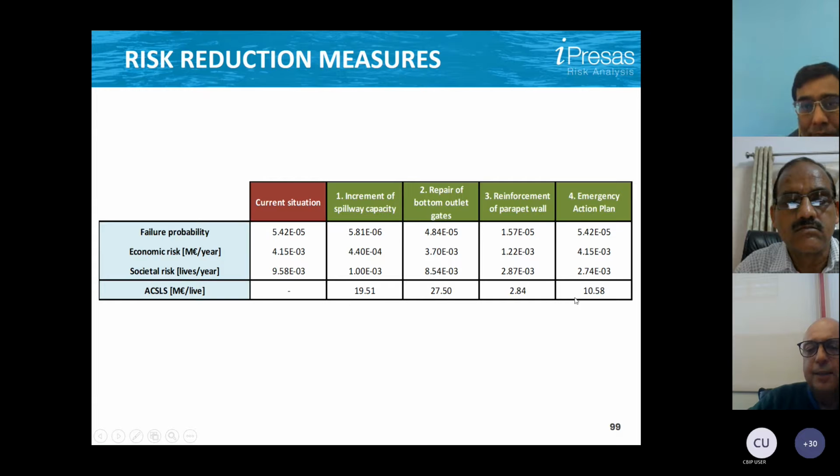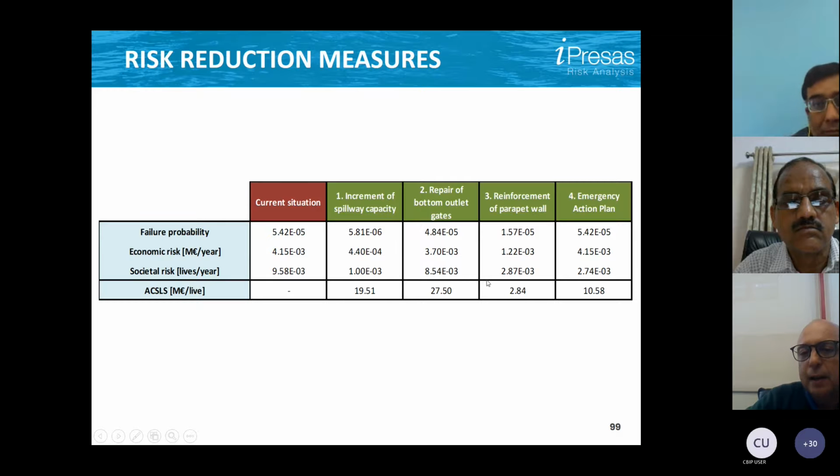That means, seeing this, that action number 3 would be the one to be prioritized if we use the adjusted cost per statistical life, because the marginal cost of saving one life is clearly the lowest, 2.84, while repairing the bottom outlet gates, in this case, has the higher marginal cost in saving one life.